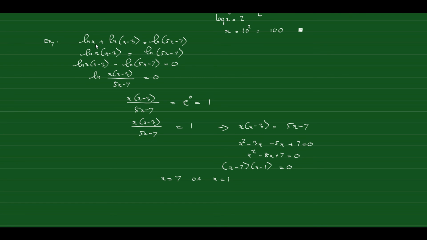And you can plug it in over here. Let's plug in x equal to 7. 7 times 4 is 28, and 5 times 7 is 35, 35 minus 7 is 28. So 28 and this is also 28.